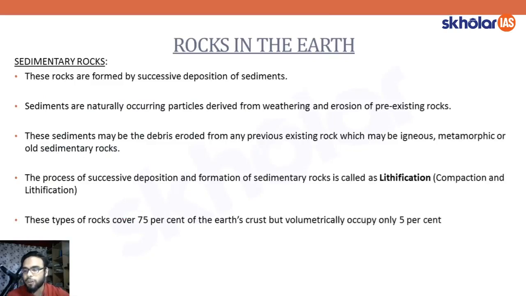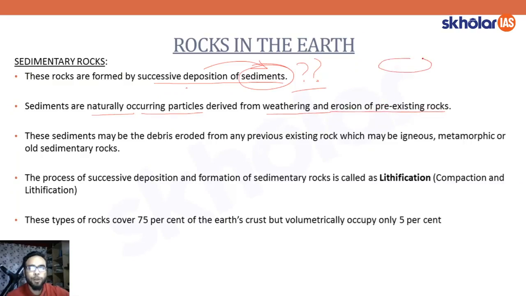So what are these rocks? Sedimentary rocks are formed by successive deposition of sediments. How are sedimentary rocks formed? They are formed by the process of deposition of sediments. So what are sediments? Sediments are naturally occurring particles which are derived by the process of weathering and erosion of pre-existing rocks.